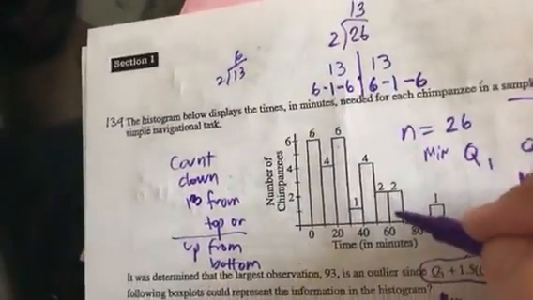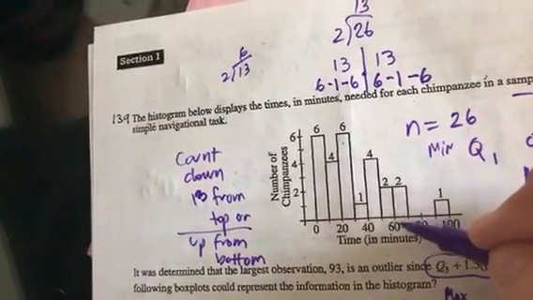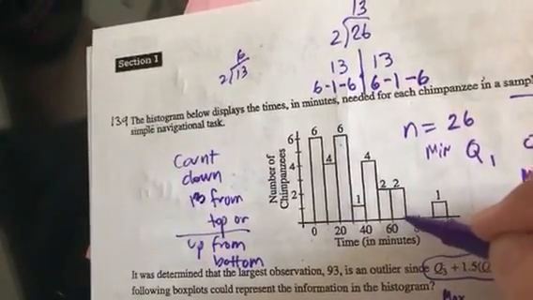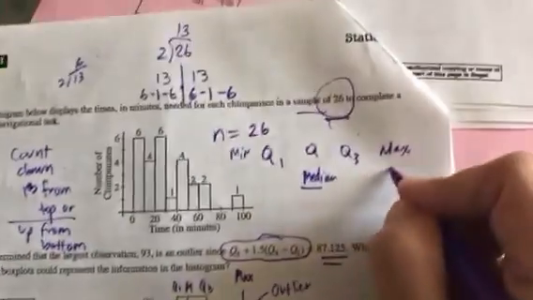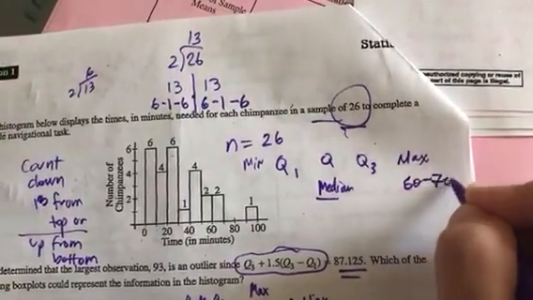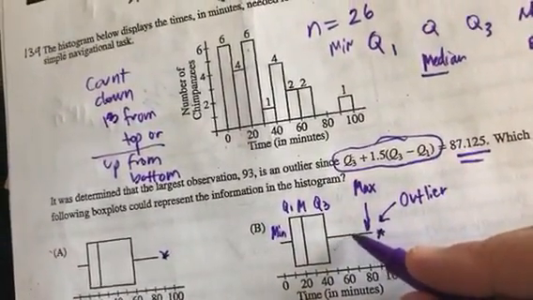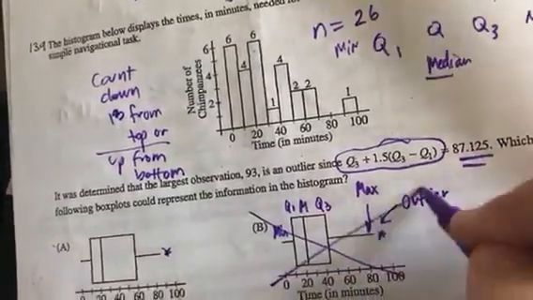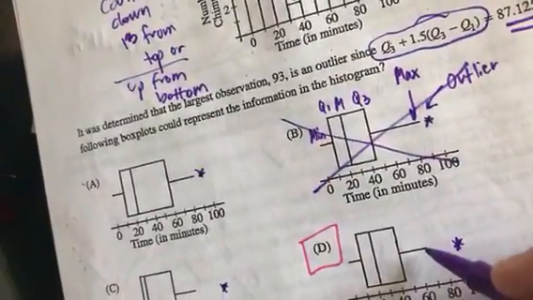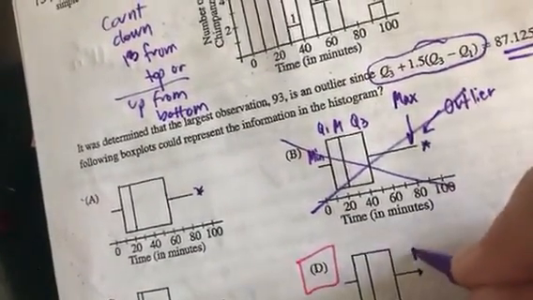So working from the back, my max is right here between 60 and 70. Let's see if we can simply eliminate there. That max is not between 60 and 70, so B's out. That one is between 60 and 70. We like this max.